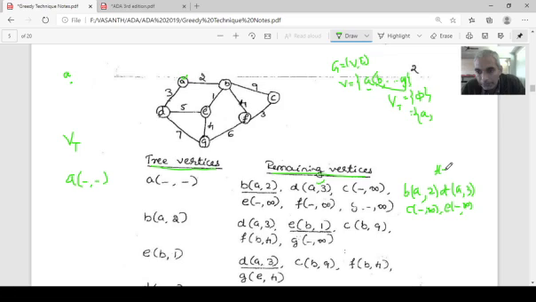In the first step you added A into the set of all spanning tree vertices, and for the remaining vertices you found the distance.